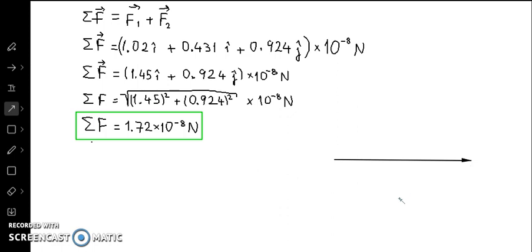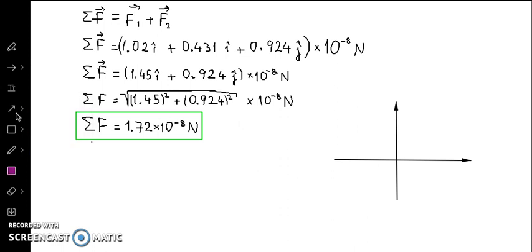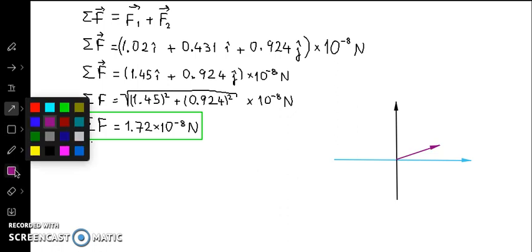Here's the x-axis, here's the y-axis. What does my net force vector look like? Both of its components are positive, so my vector looks like this, more or less. The x component is greater than the y component, so the vector is closer to the x-axis, like so.